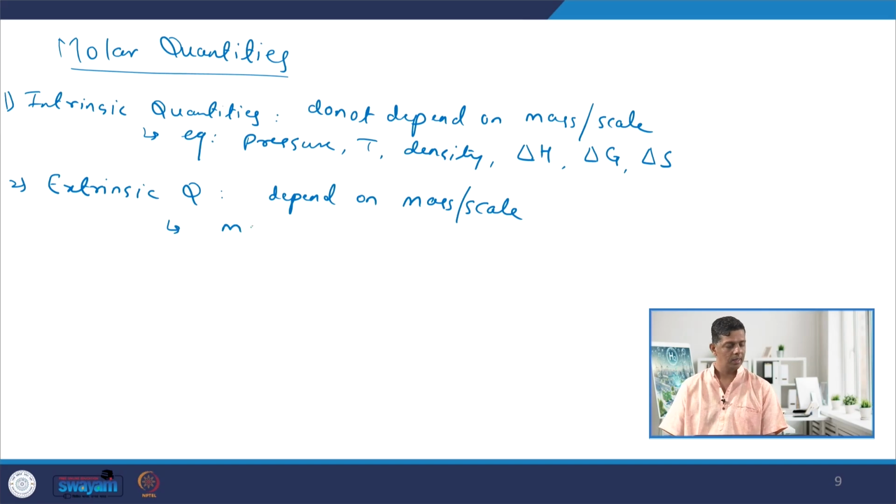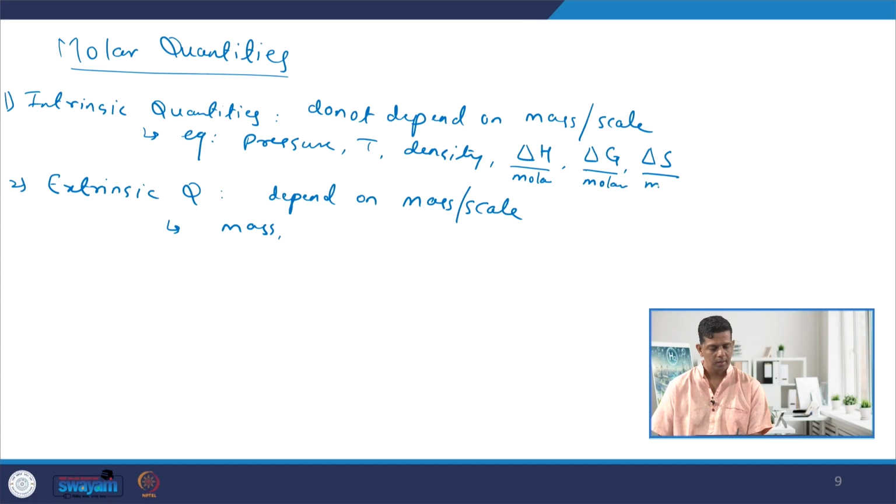Extrinsic quantities depend on the mass or scale. Obviously mass will be the first example of an extrinsic quantity. By mistake, the earlier ones should be on a molar basis. These are all quantities based on molar quantities. If I write these terms again, this will become delta small h, delta small g, and delta small s.